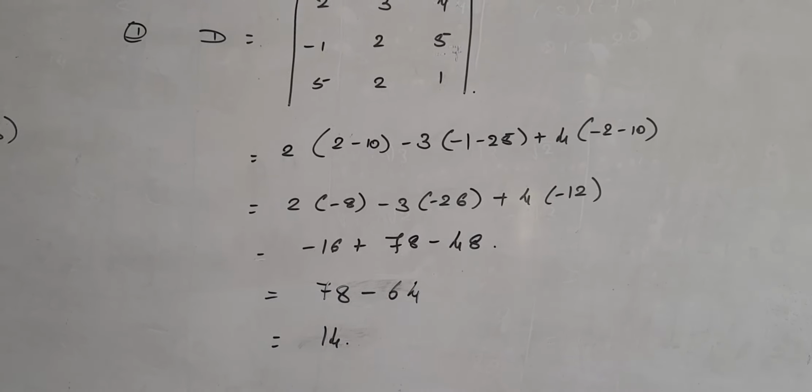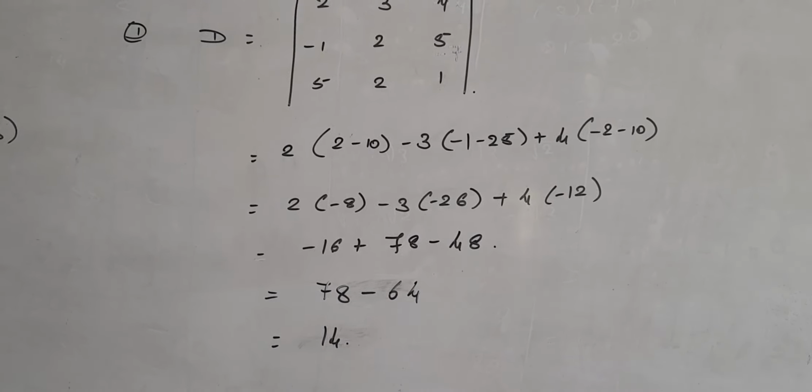So this last fourth sum, see, that 2 3 4 first row becomes first column, second row becomes second column, and third row becomes third column. So when you find the value, this is 14, here is also 14. Okay, both are similar.